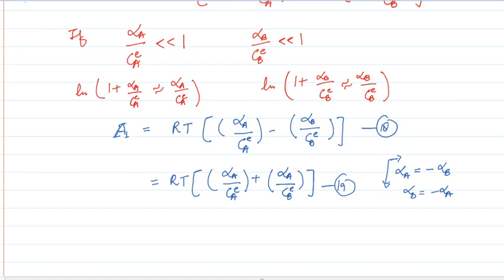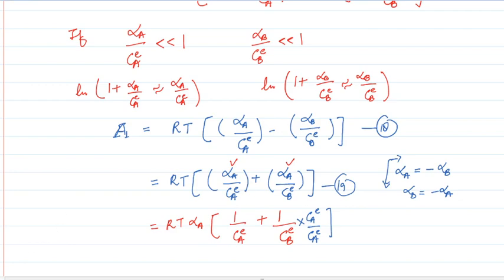So what we do here, we will now take this alpha A outside the brackets. We will write it as RT alpha A. Inside will be simply 1 upon CA equilibrium plus 1 upon CB equilibrium. Here we will do simple multiplication of CA equilibrium in numerator and CA equilibrium in the denominator to this term.